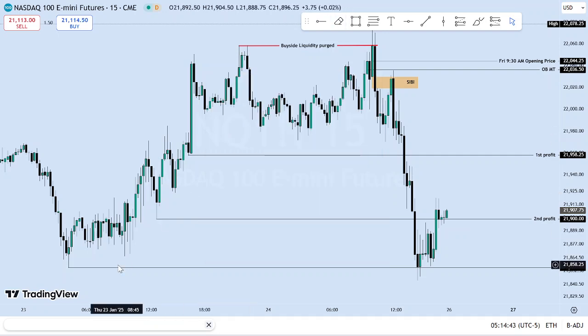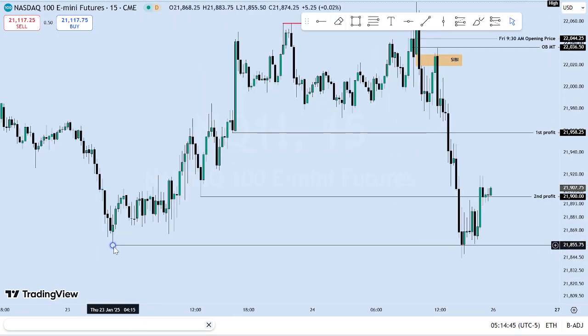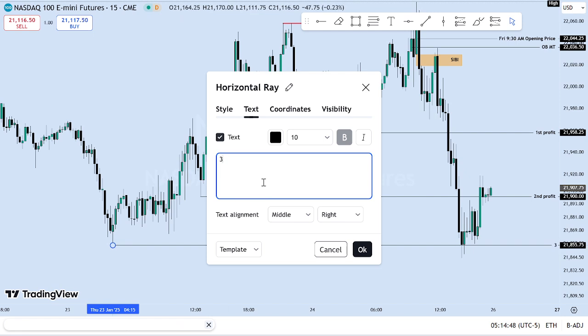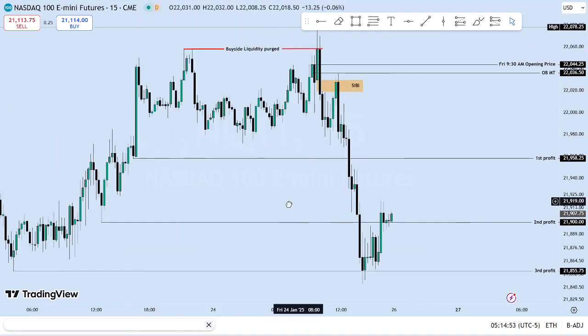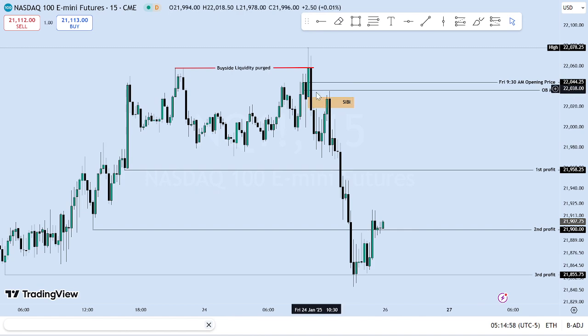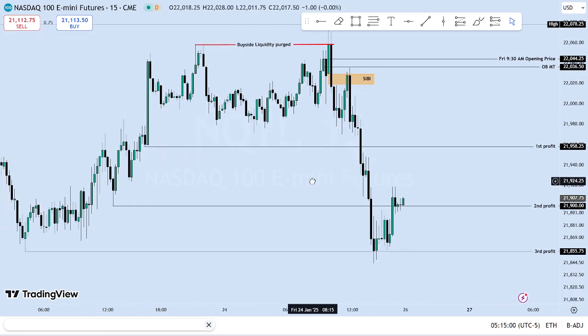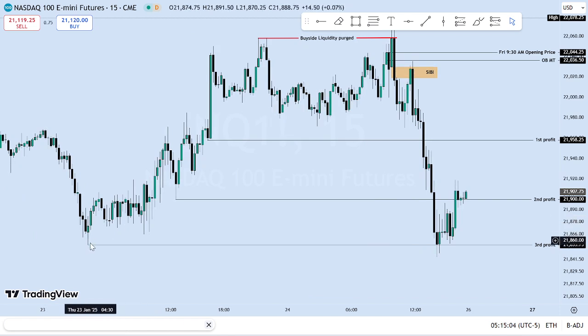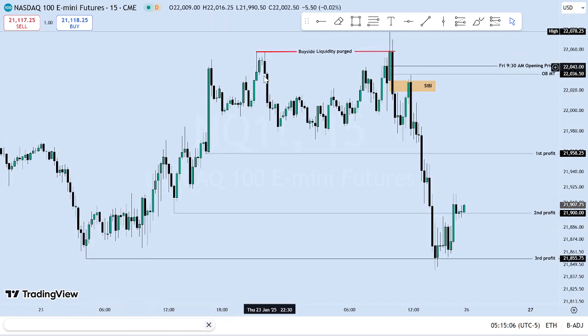Then your third profit, that's the full pull. You can take your third profit here. So you look out for this price. That means the third profit is buying. The third profit, that's the low of this range.